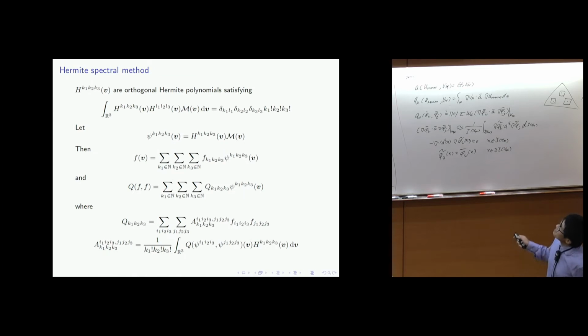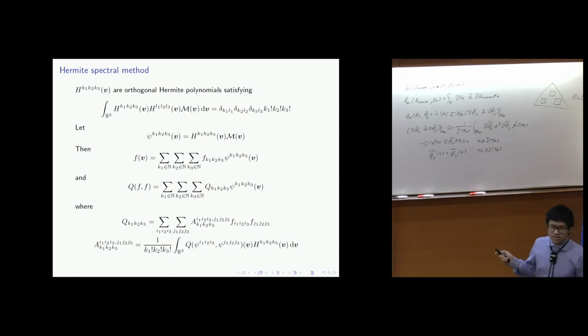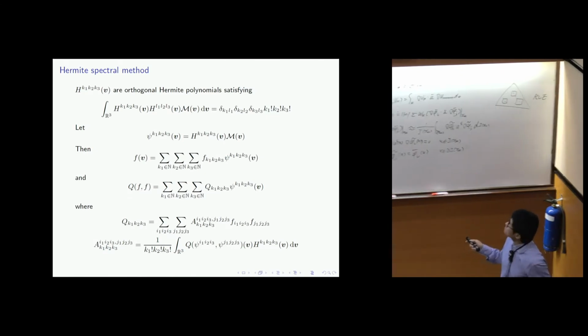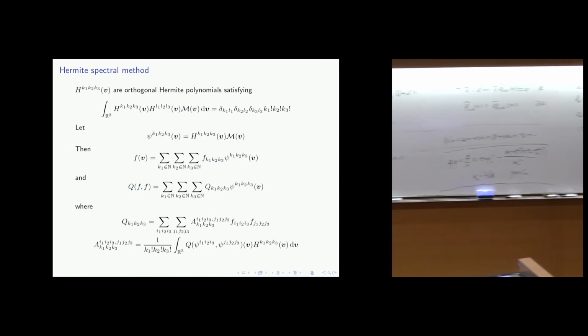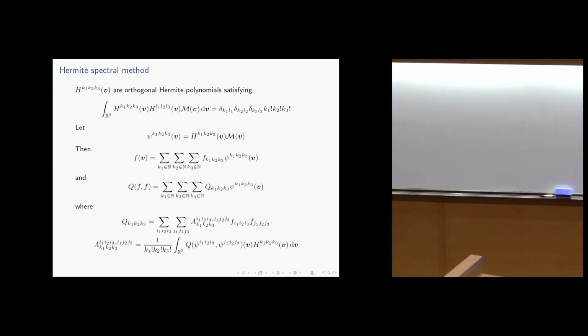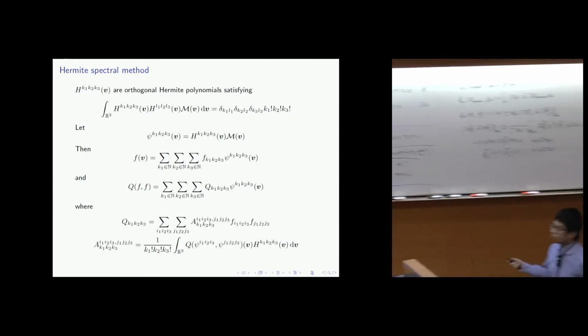Then what you want to do is find the expansion of the right-hand side, which is the collision term, Q(f,f). For the right-hand side, I also want to expand it into a similar series, but with different coefficients. But here you can see that Q(f,f) is a bilinear operator.